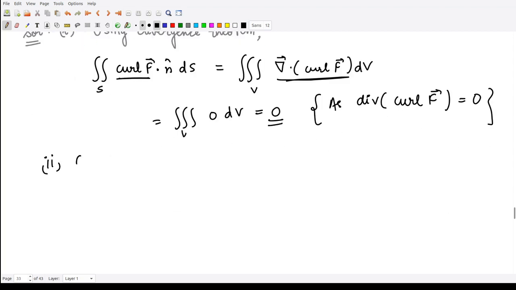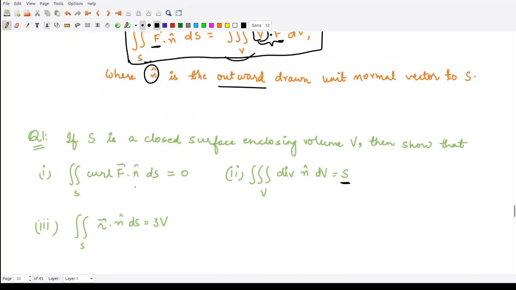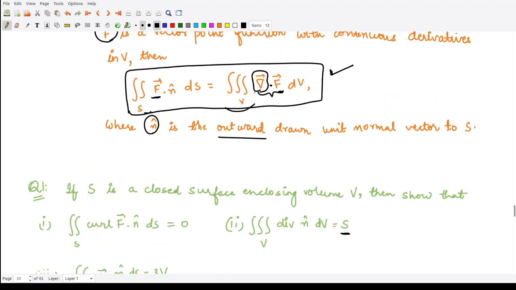We wanted to show that the triple integral of divergence of n cap dv is equal to S. This is what we need to prove. If we apply the Gauss Divergence Theorem to this, it would be equal to the double integral over S of n cap dot n cap ds, because vector f here plays the role of n cap. You know the dot product of n vector with n vector is simply equal to 1.